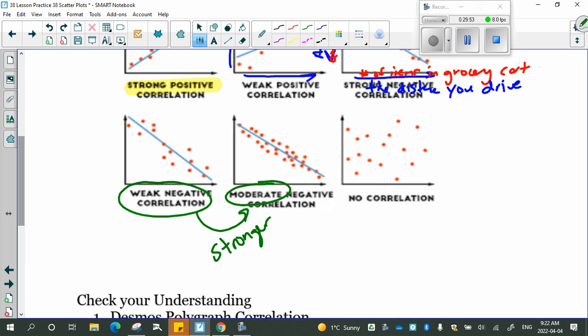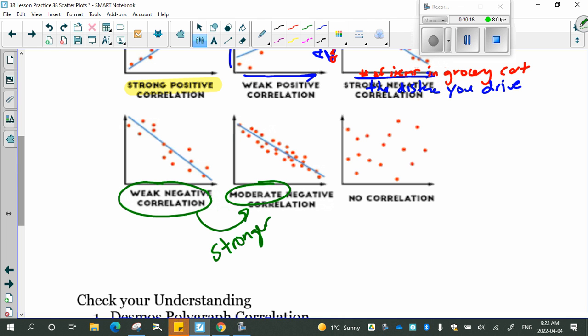Yep. Way more dots. So if I superimpose this over here, there's just way more data points to rely on. So it's stronger evidence that that is a line of best fit. Okay? Nice. Now, if they were even tighter together, then it would become strong negative.